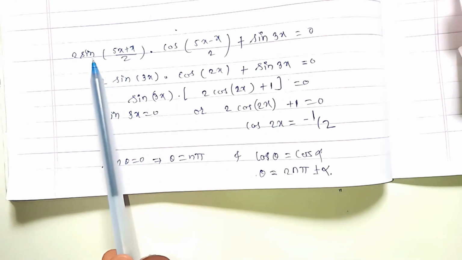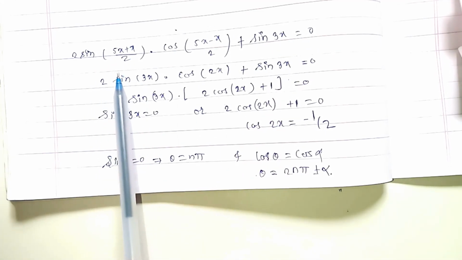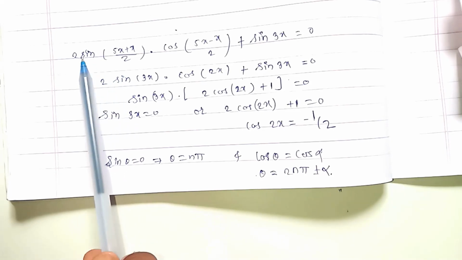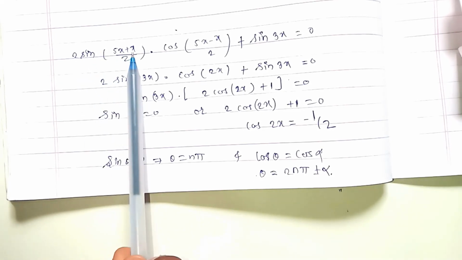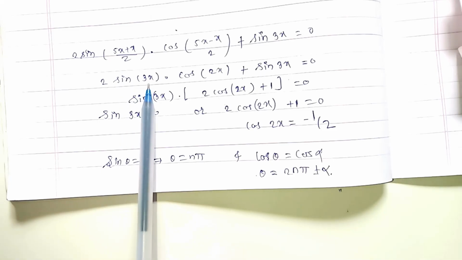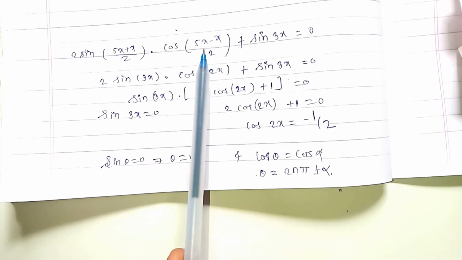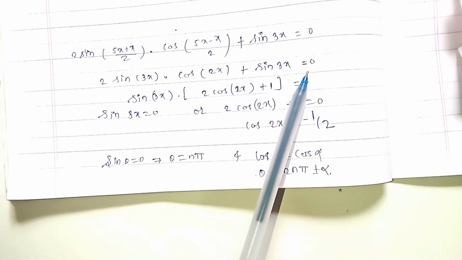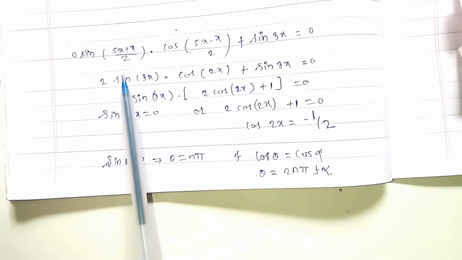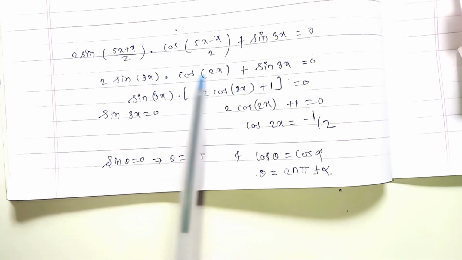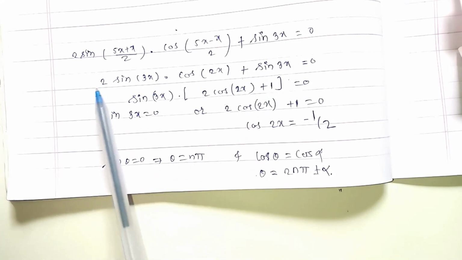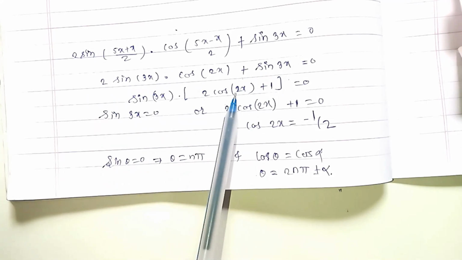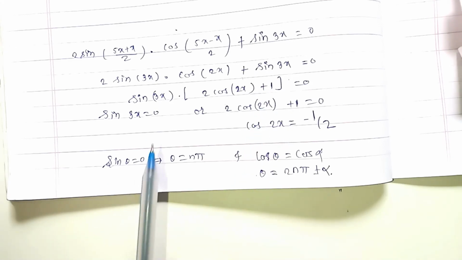So this is the simplified form: 2 sin of 6x by 2 which is 3x, cos of 4x by 2 which is 2x, plus sin 3x equal to 0. Now we observe that sin 3x is the same term here, so take it outside. The remaining term under the bracket is 2 cos 2x plus 1, which is equal to 0.